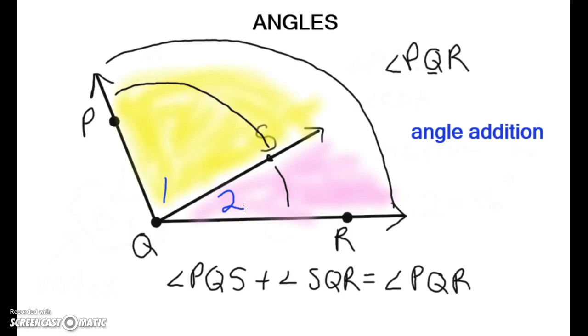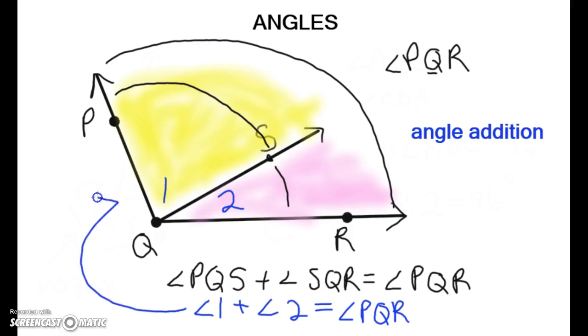And then I could say angle 1 plus angle 2 equals angle PQR. It just allows me to write and think a little faster. They're both completely legitimate. And if these numbers are actually placed in the picture, which you can do, or maybe it comes that way, then you can use that version of the equation.